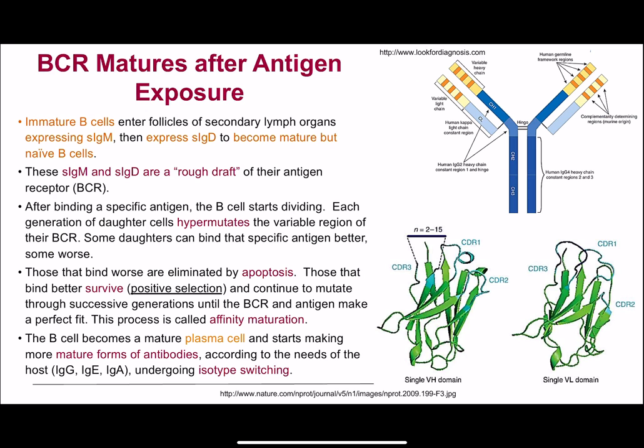IgA gets across our mucosal barriers really well. So that's why we have a lot of IgA, not in the blood, but on our mucosal surfaces. Right? It's that specialization of function, which is all mediated at this level through those heavy chains on the isotype of that antibody molecule. Okay. So that's why when you go through that isotype switching, it's only the heavy chain. Does that help make things any more clear?